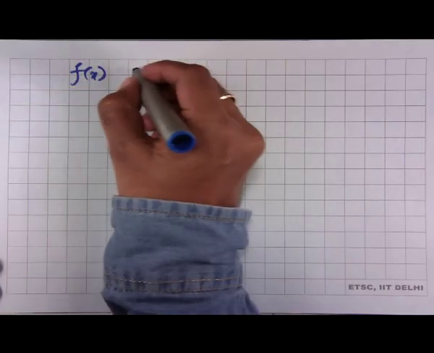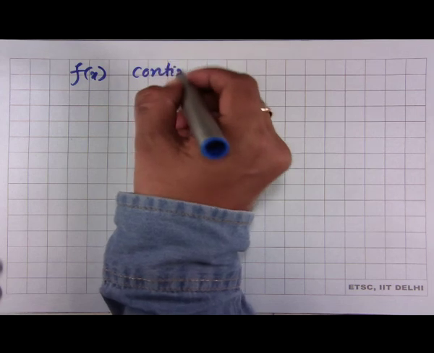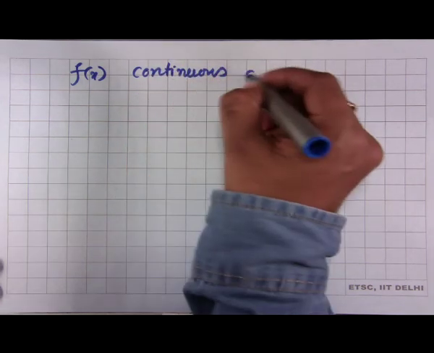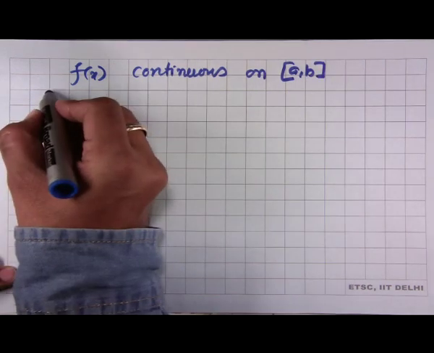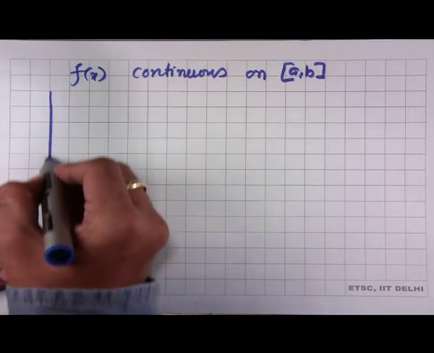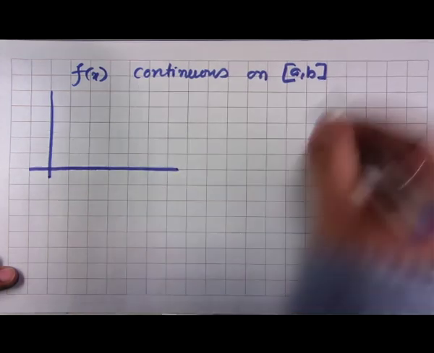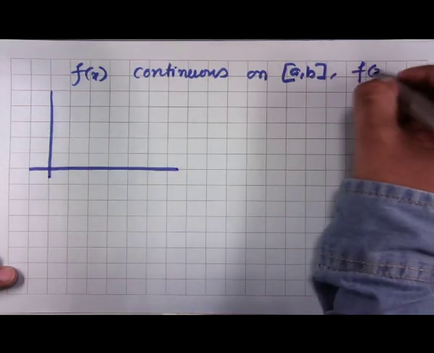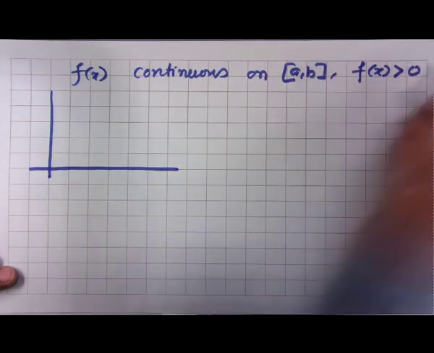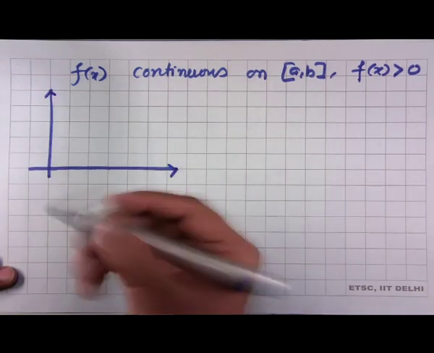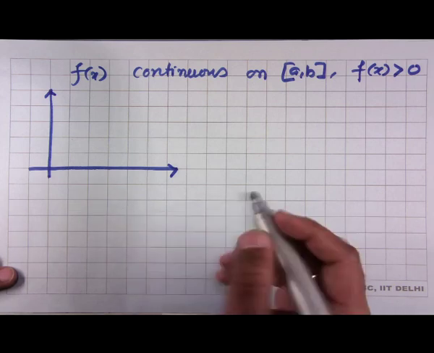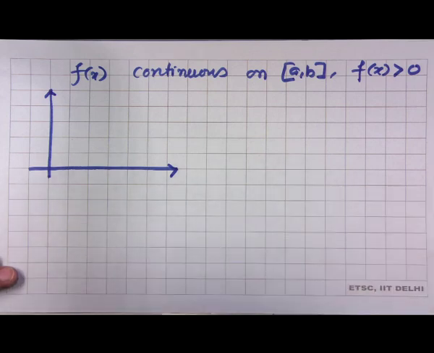Consider a function f(x) which is continuous on the closed interval [a, b], and for simplicity we can take that f(x) is positive, but the result that I am going to discuss can be extended very easily for any function which is continuous but may not be positive.